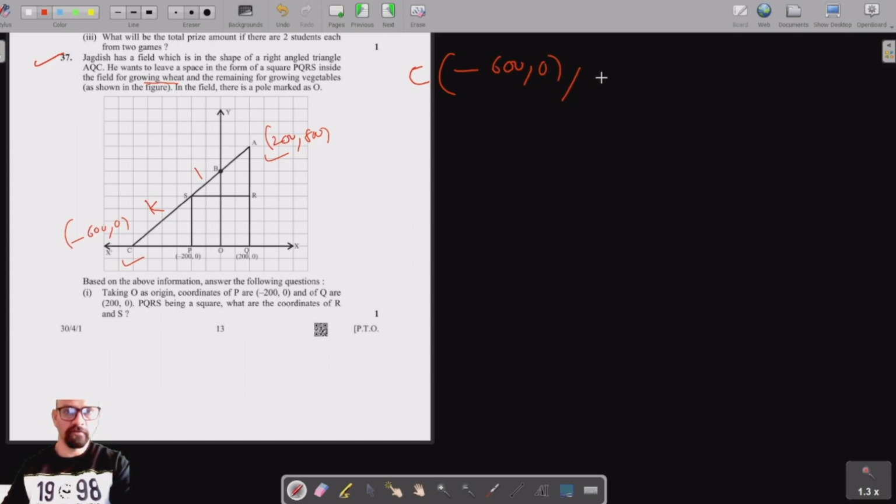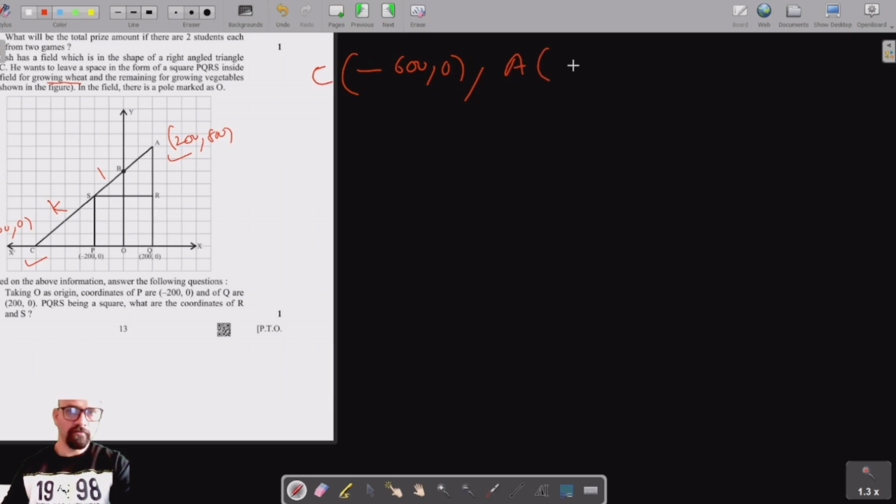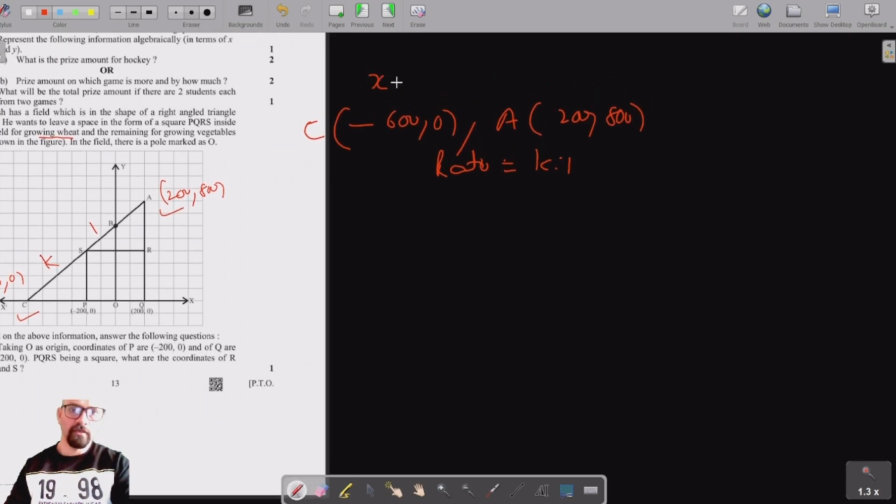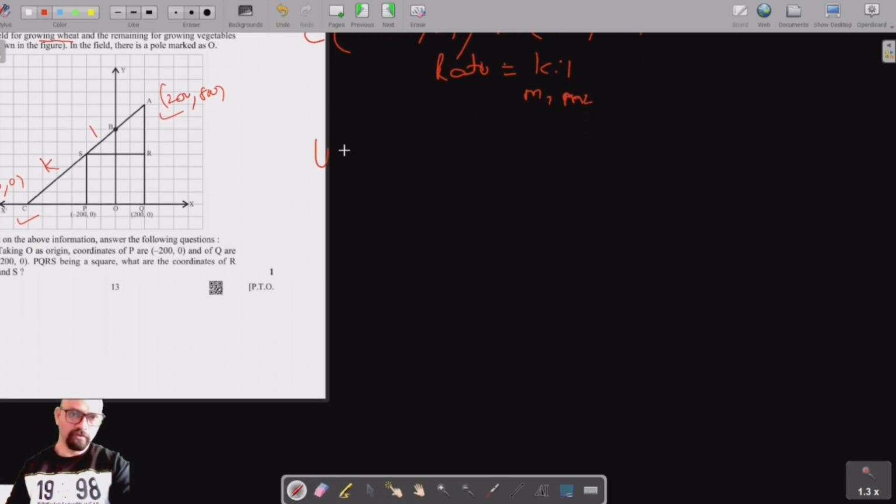It's on the x-axis, and the coordinates of A are 200 comma 800. Ratio is k is to 1. We have to find the value of k, so this is x1, y1, x2, y2, and this is the m1, m2 ratio. So let's use the section formula.